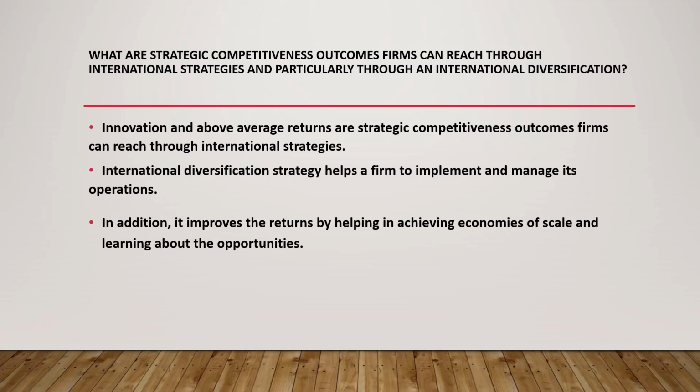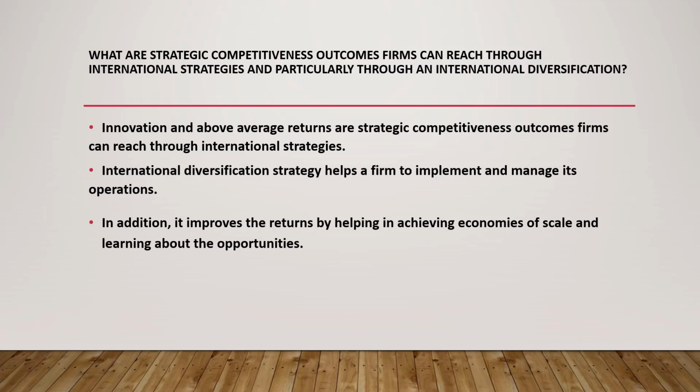And after that, we have another question, which is what are strategic competitiveness outcomes firms can reach through international strategies and particularly through an international diversification. So the answer is innovation and above average returns are strategic competitiveness outcomes firms can reach through international strategies.